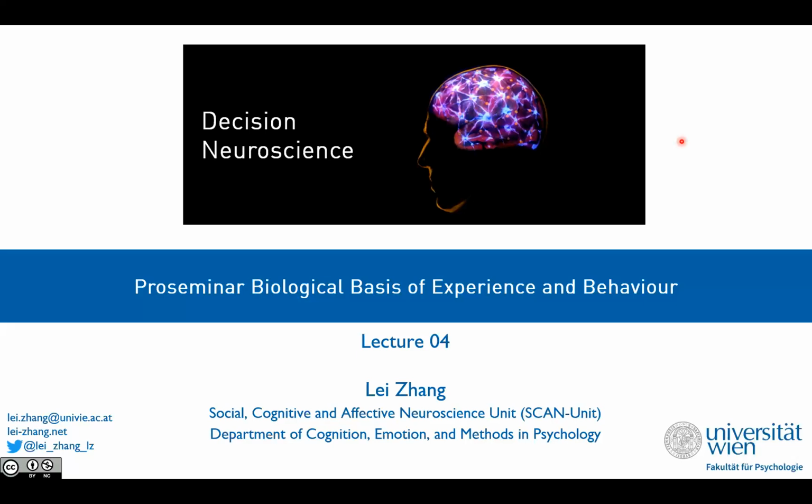And we also talked about non-invasive brain stimulation techniques. We talked about TMS and tDCS. Both of these techniques, if you target a brain area, temporarily disrupt the activation of that brain area. It's like a virtual lesion.